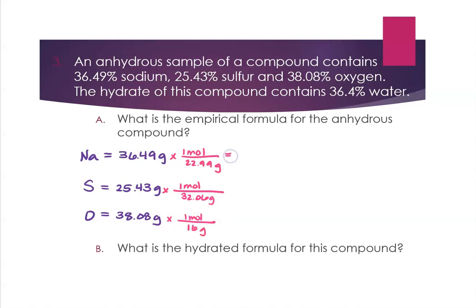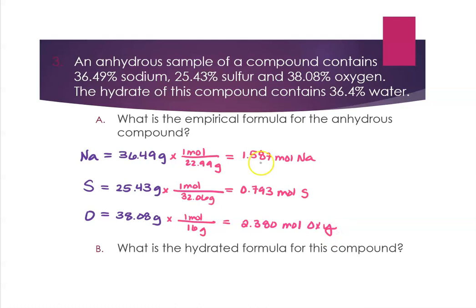All right, and then when we do that math, we get 1.587 moles of Na. We get 0.793 moles of sulfur, and we get 2.380 moles of oxygen.